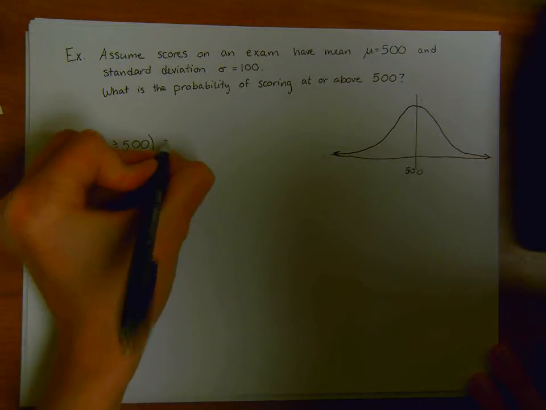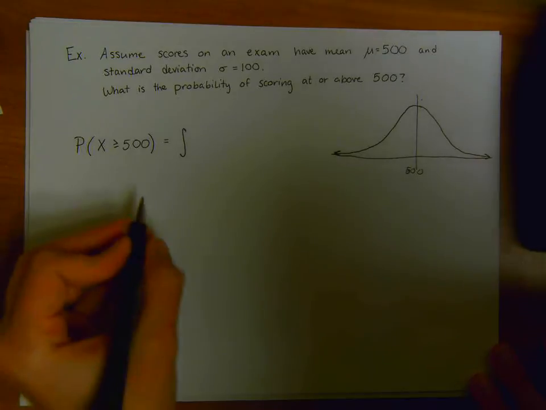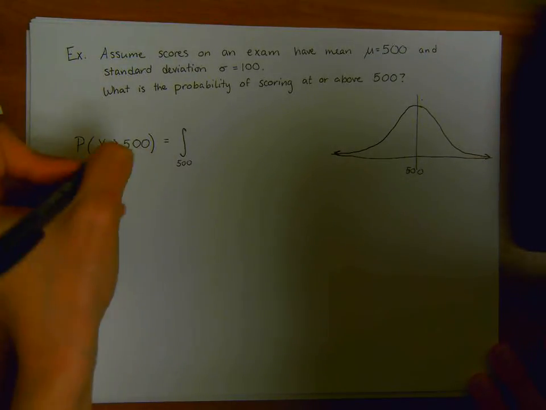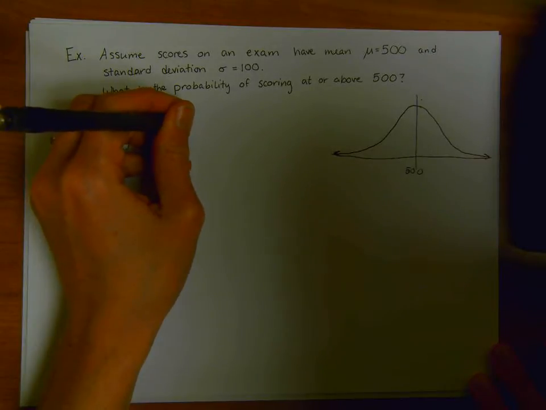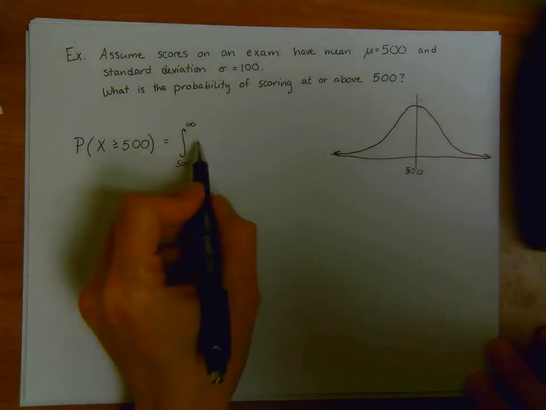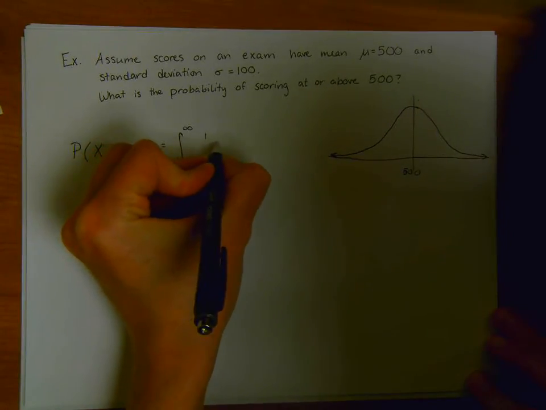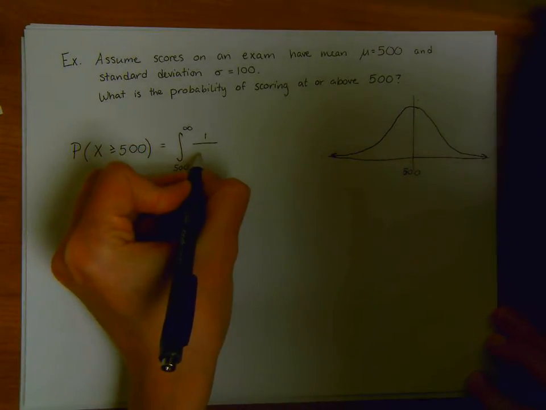And so we can set that up as the integral, and the integral in this case has a lower bound of 500 and an upper bound of infinity of our probability density function, which in this case is 1 divided by sigma.